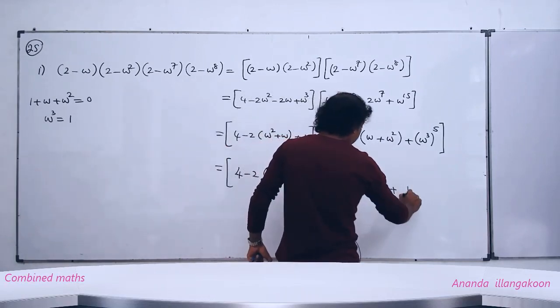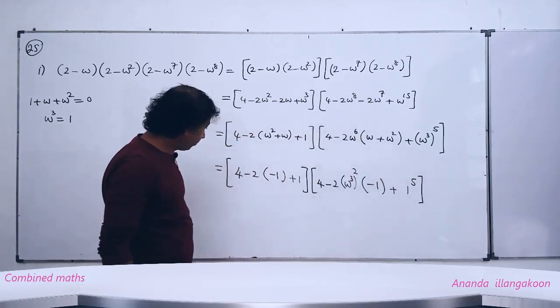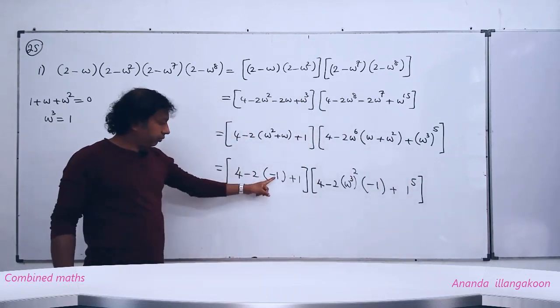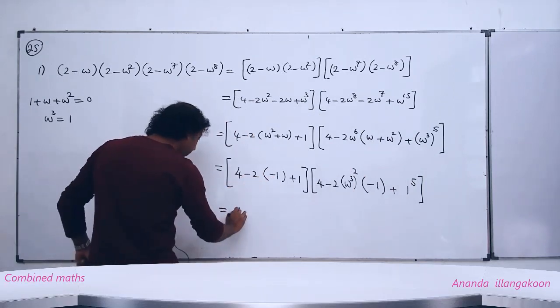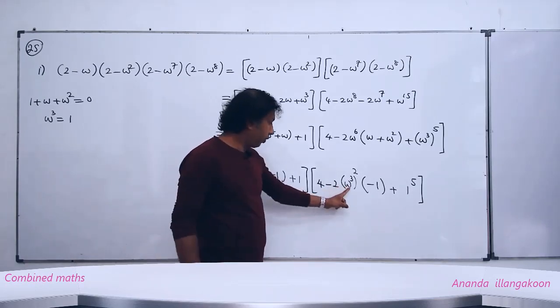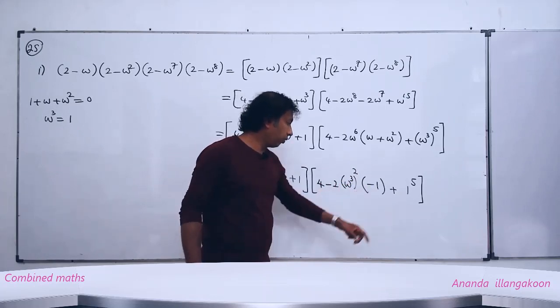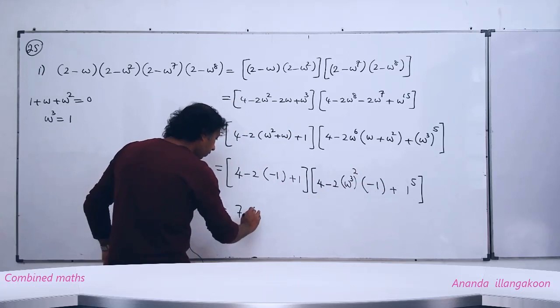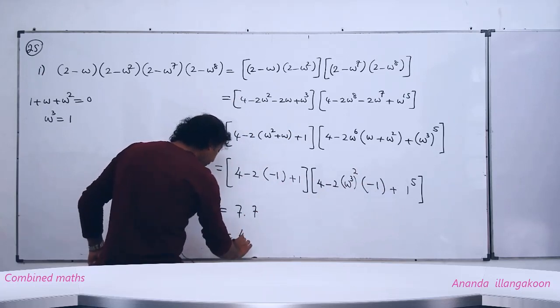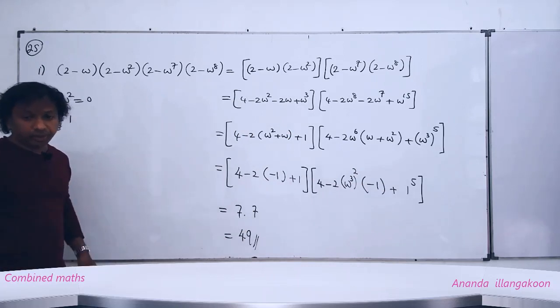Omega cube is 1 to the power 5, like this. Here we get 4 plus 2 plus 1, it's 7. Then 7 times 7, this is 49. That's how we get the answer 49.